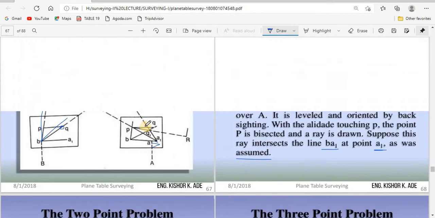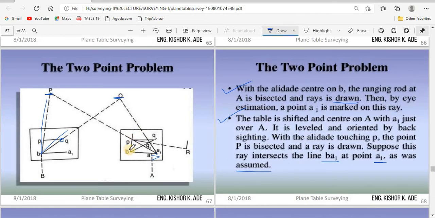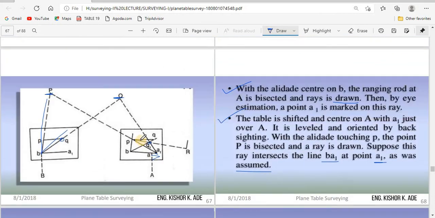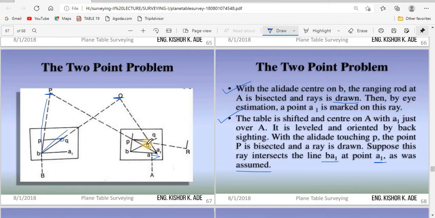As you can see, there is a line BQ over here. This BQ line has been cut, and the point we get at this intersection is called Q1. The triangle PQ1Q is known as the triangle of error, and it is to be eliminated. As you can see, a small triangle PQ1Q is created over here.